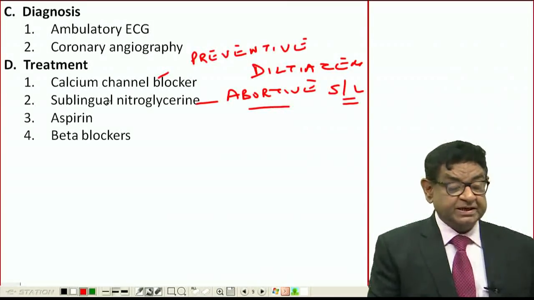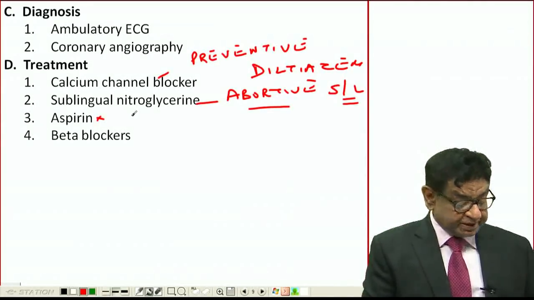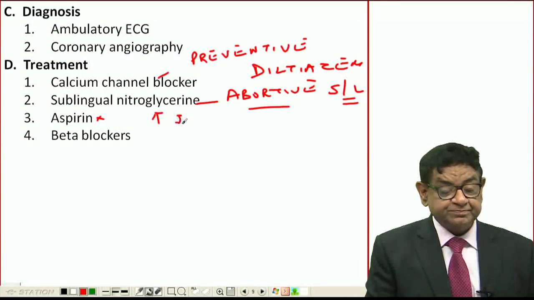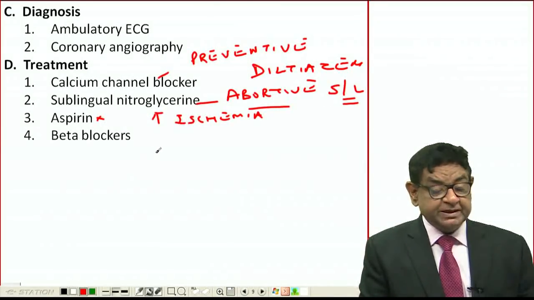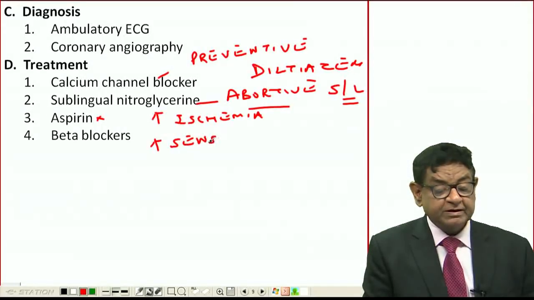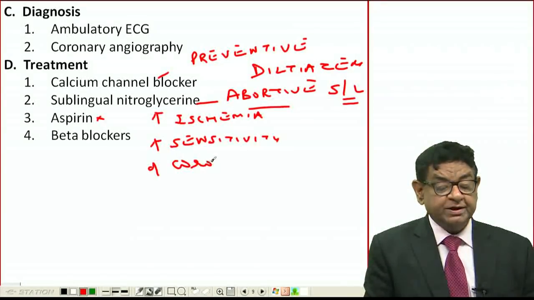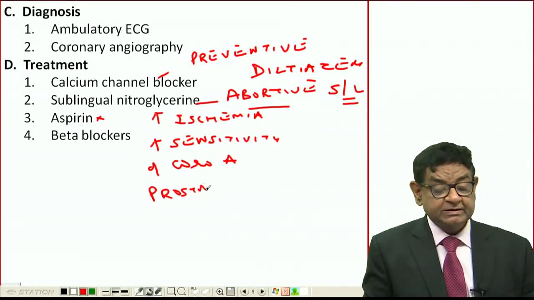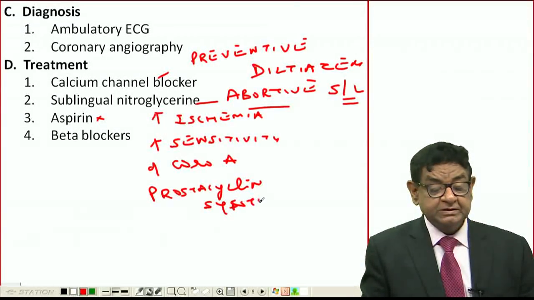And something very interesting, aspirin should be avoided in this patient. Sometimes it can even increase the ischemia. Why? Because of increased sensitivity of the coronary artery due to prostacyclin synthesis changes.